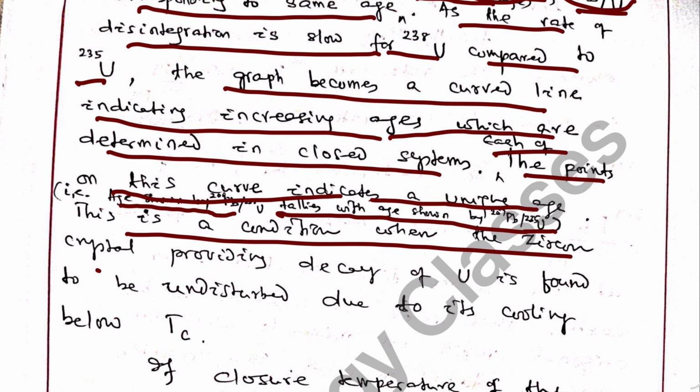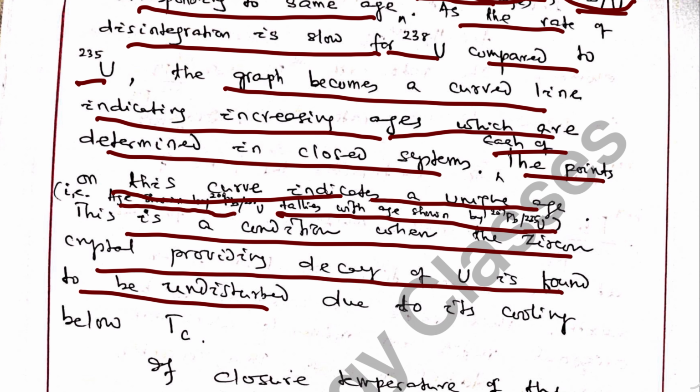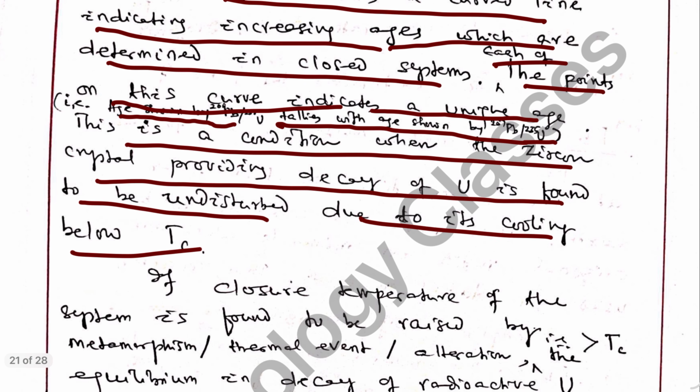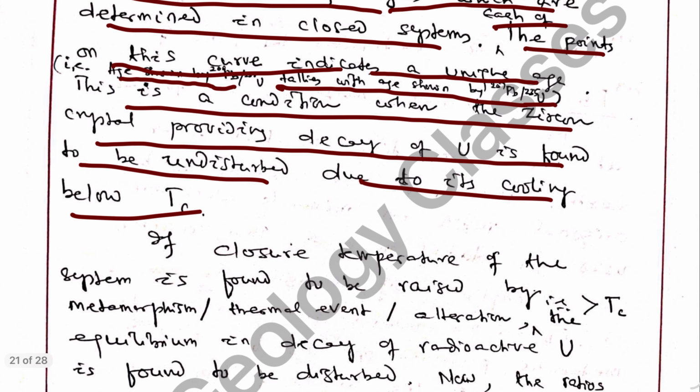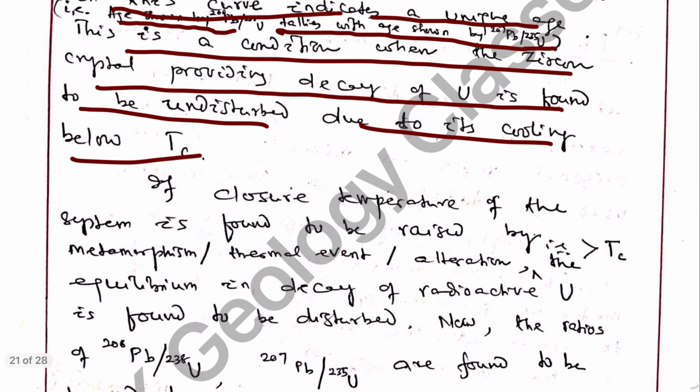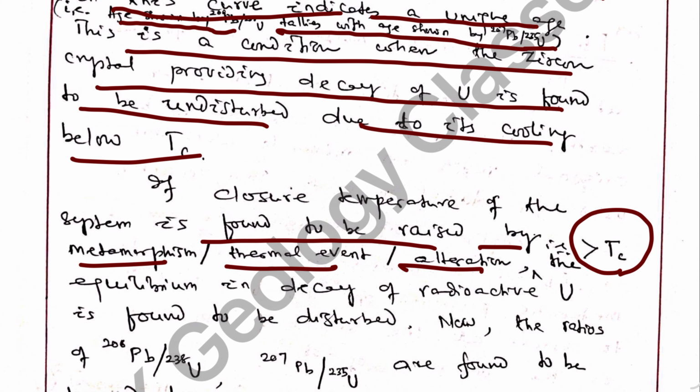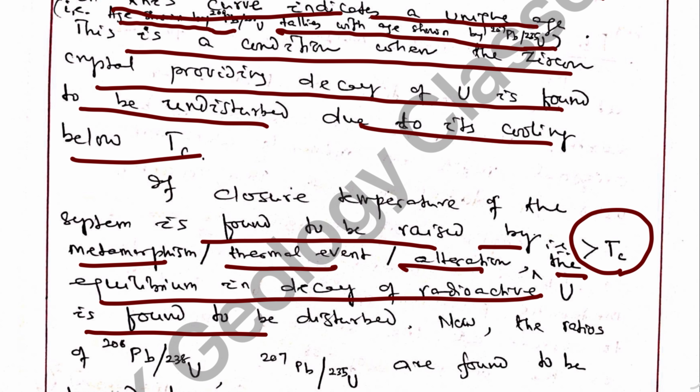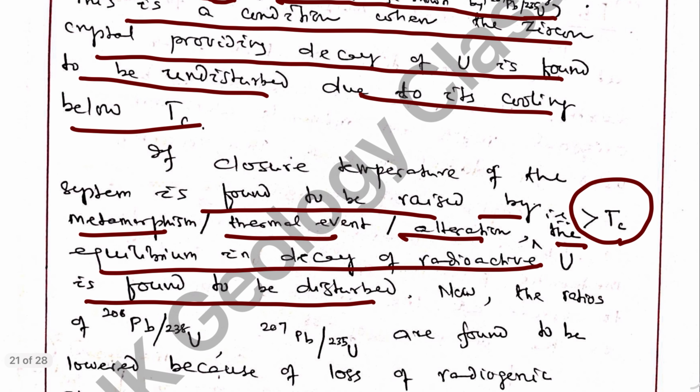This is a condition when the zircon crystal providing decay of uranium is found to be undisturbed due to its cooling below closure temperature. So if the closure temperature of the system is exceeded due to metamorphism, a thermal event, or alteration, that is, temperature becomes greater than Tc, the equilibrium in the decay of radioactive uranium is disturbed.